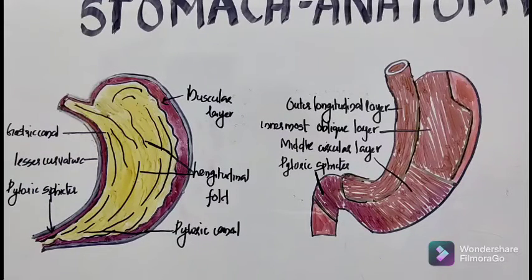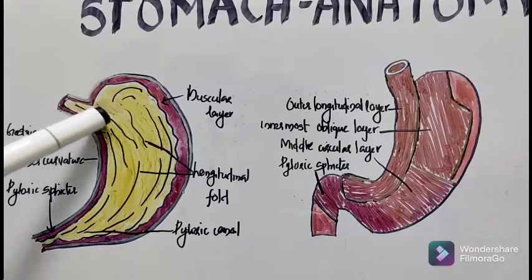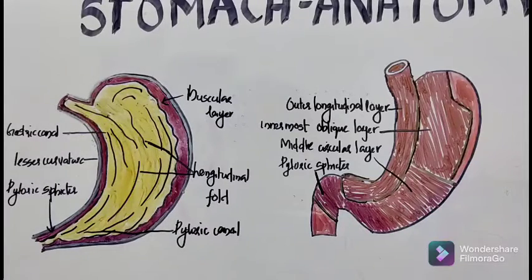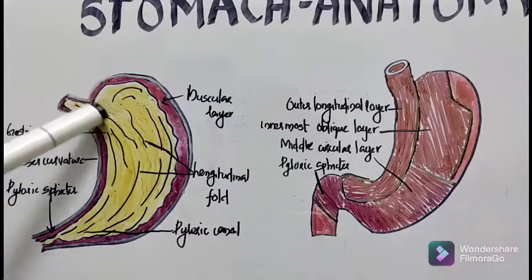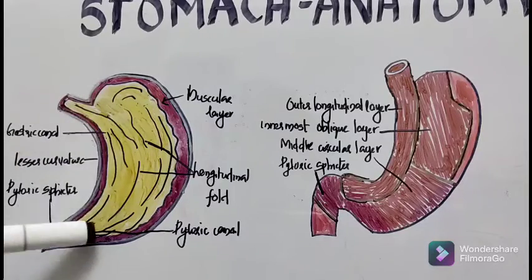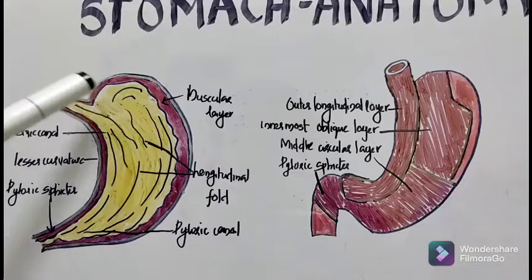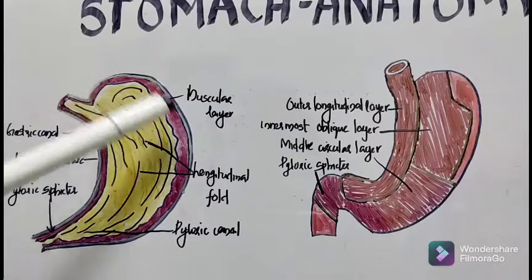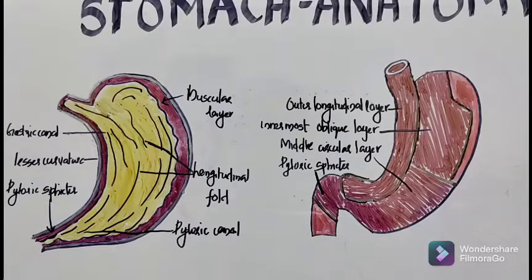Near the lesser curvature, the rugae are longitudinally arranged and form the gastric canal, also called the Magenstrasse, which helps the passage of fluids directly into the lower part of the stomach without spreading to other portions.